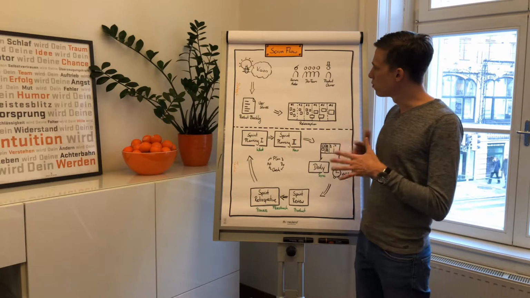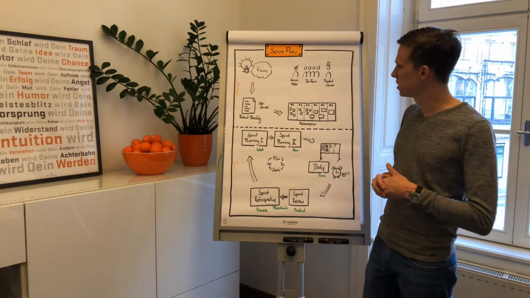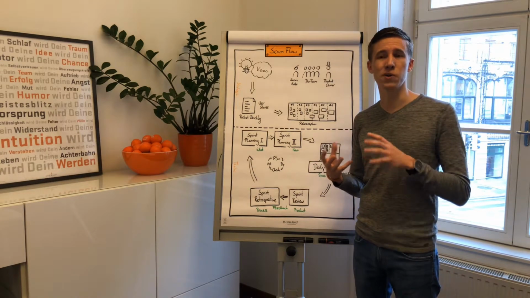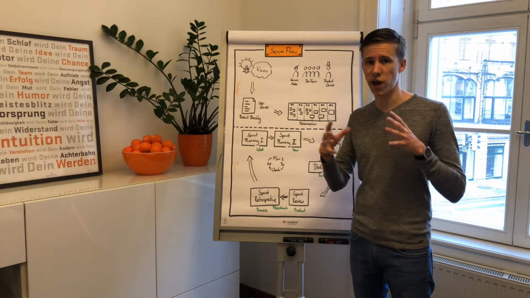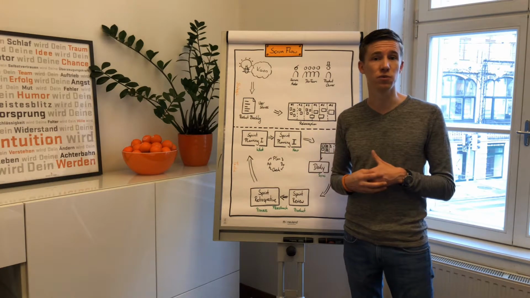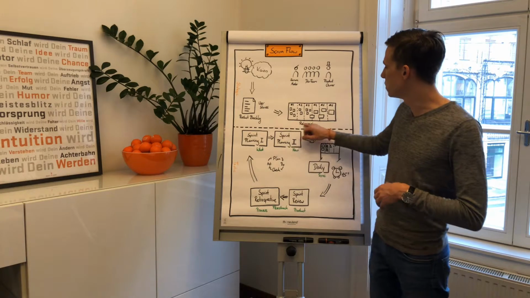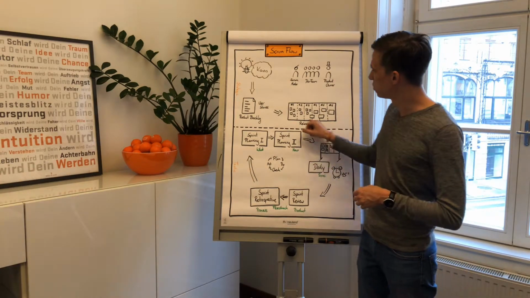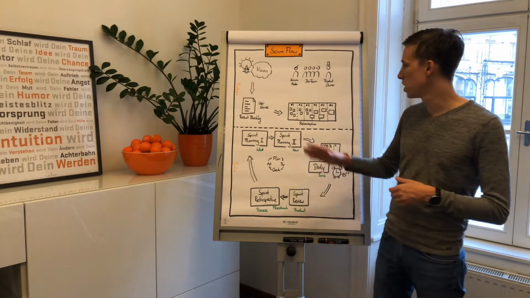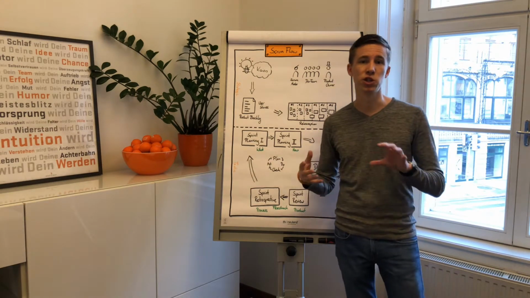When you are working in the iterations, it's important that you get a sense of the velocity of the team. So you get to know how much a team can achieve in one iteration. And that's where the release plan comes into play, so that you give the stakeholders some kind of expectation management, what they can expect in which iteration.